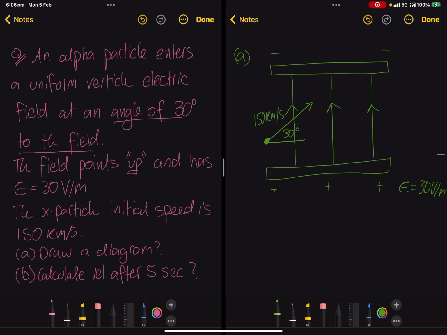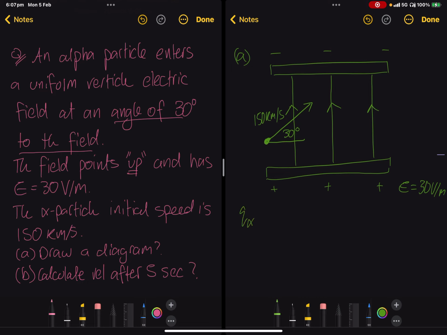We have a particle entering a field at an angle. The field strength is 30 volts per meter. This is pretty much what we want. We could add to this a trajectory if we would like. We do know that this is an alpha particle. So for an alpha particle, we need to know the charge and we need to know the mass.